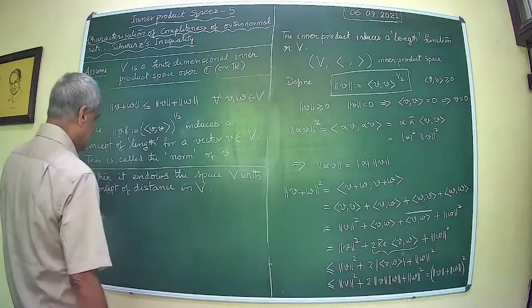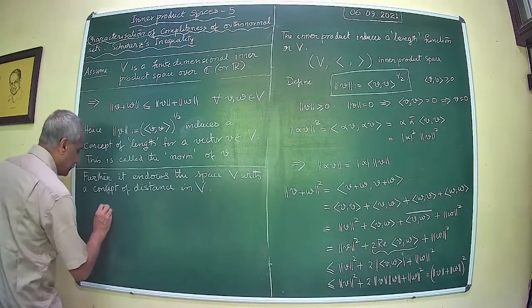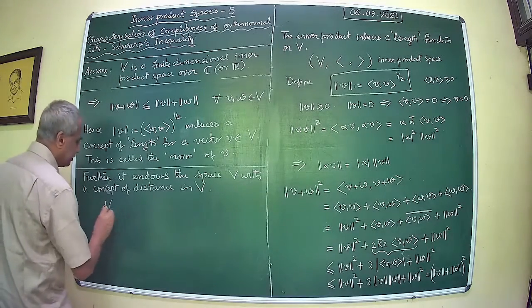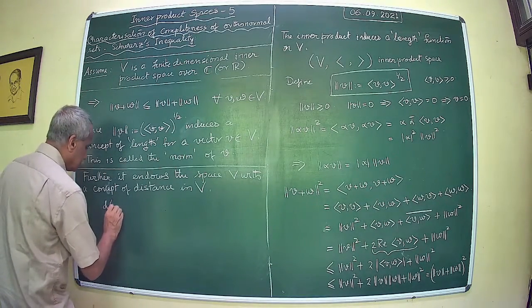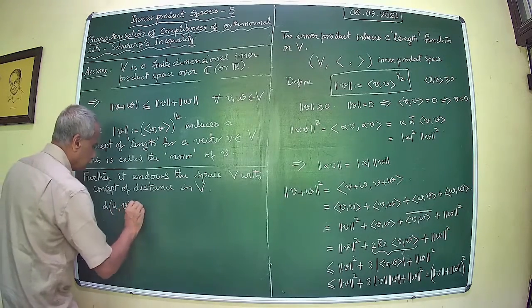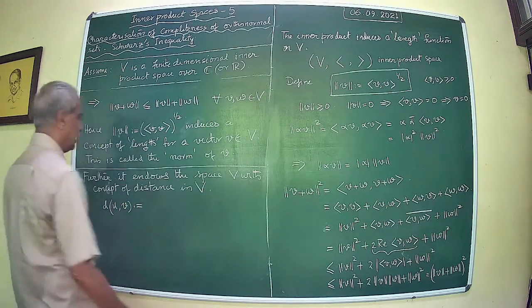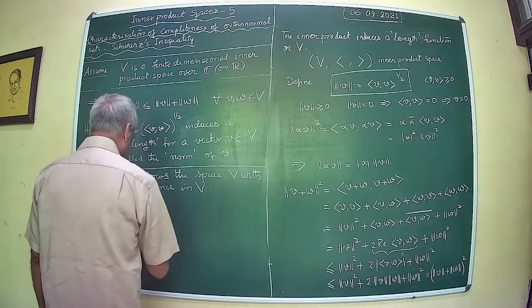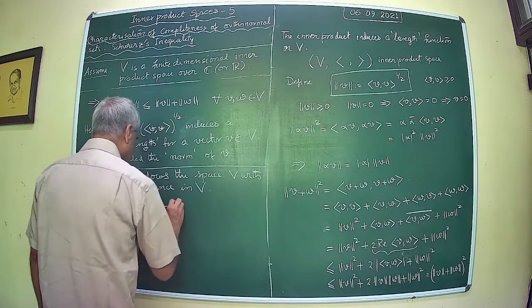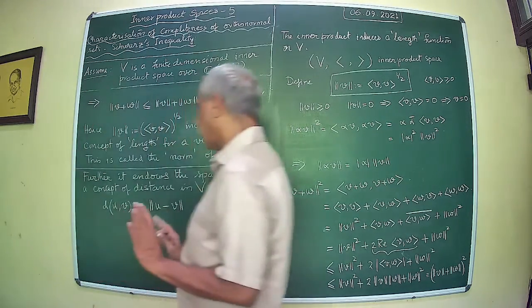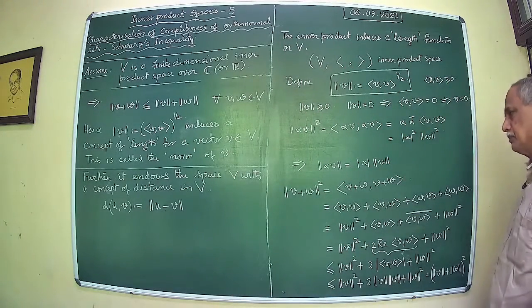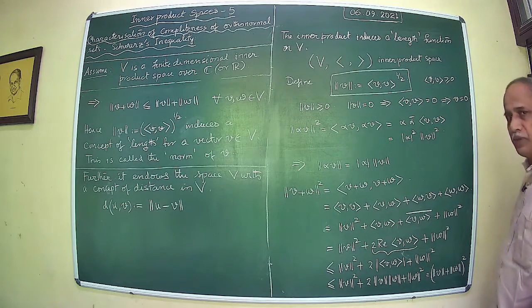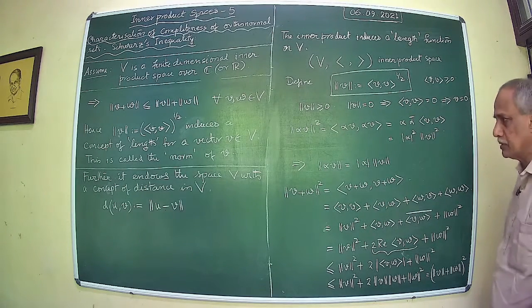Now you see that, so we define distance between u and v as norm of u minus v. Now you see that since both u and v are vectors in V, u minus v is defined because it's a linear space.